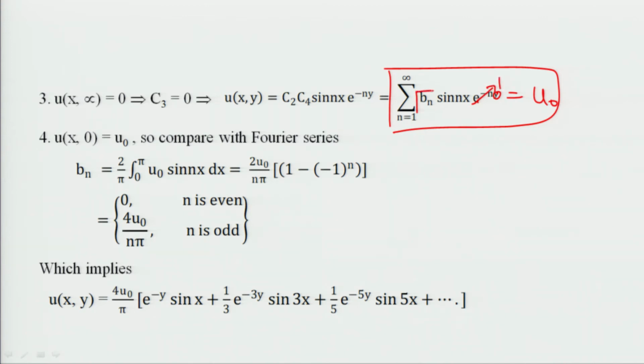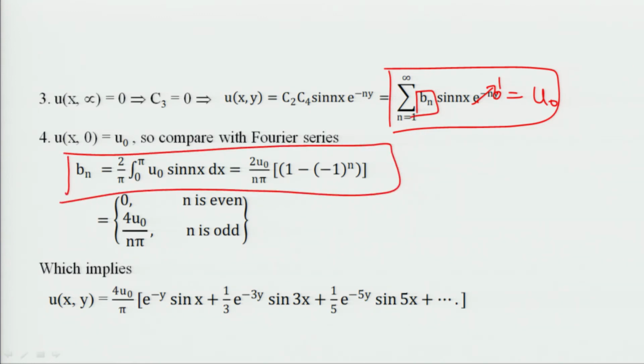To evaluate the value of bn, we apply the Fourier formula. bn equals 2 upon pi, integral from 0 to pi of u0 sin(nx) dx. u0 is constant, take it outside, integrate sin(nx): the integration of sin(nx) is cos(nx) upon n, and the limit 0 to pi gives you this particular solution. When n is odd, the whole value becomes 2 u0 upon n pi, and when n is even, the value would become 0.